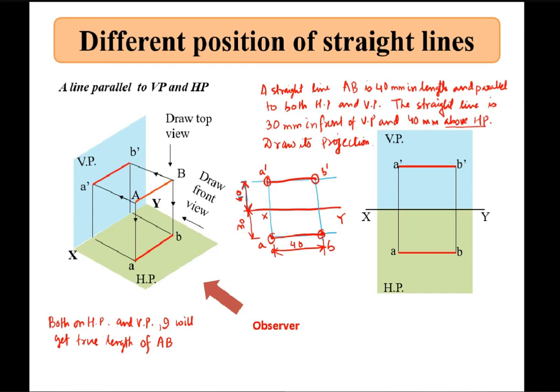That means A and A dash, B and B dash lie in the same straight line, whether it is the first, second, third or fourth quadrant, first angle or third angle. That is the important conclusion. Remember this, because it will help you in the coming slides.